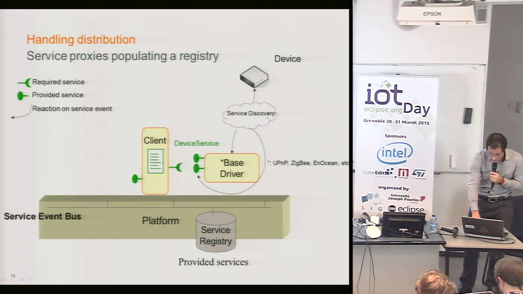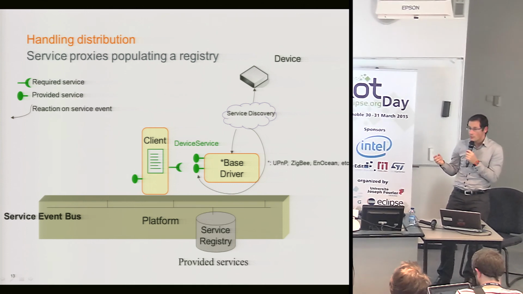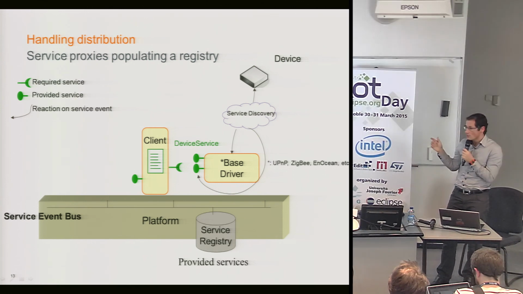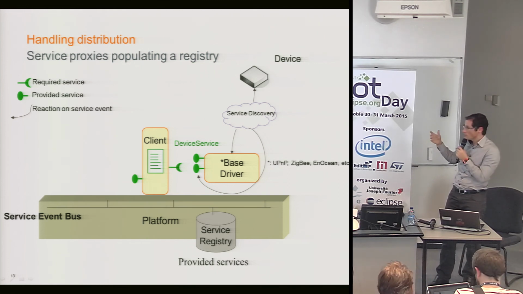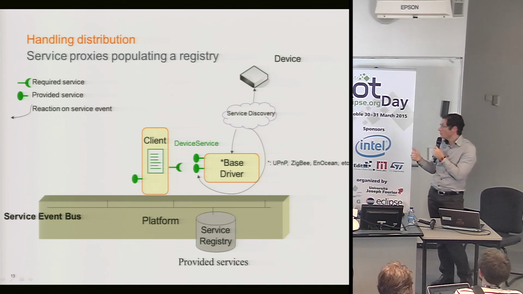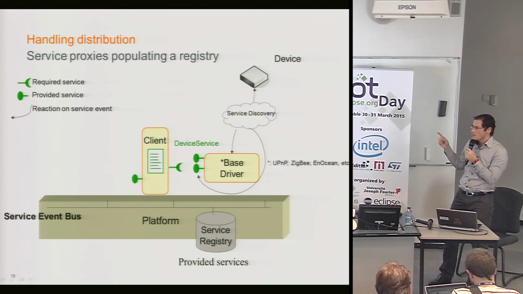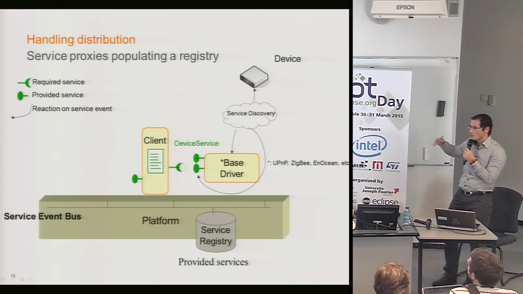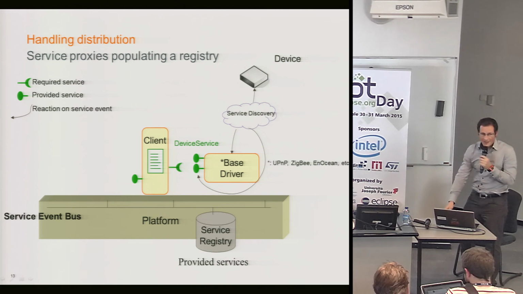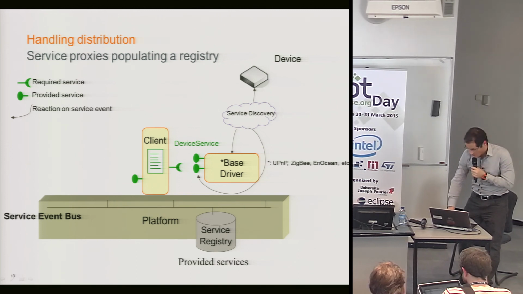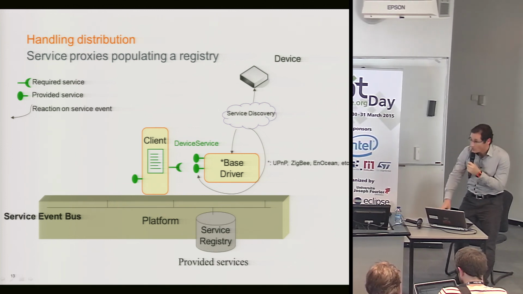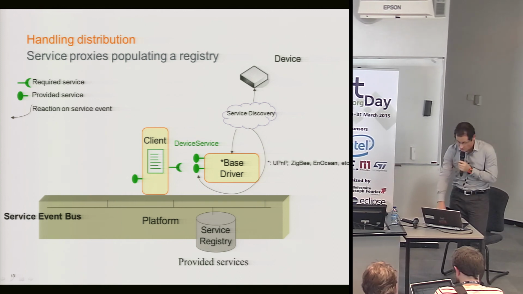So that's very simple, and that was made already available as a standard for UPnP in 2005, and now we have brought little improvements on the methodology, and we have standardized the one for ZigBee at the OSGi Alliance, and the one for EnOcean also at the OSGi Alliance. NTT has made the one for USB, and we can have a lot of efforts at this level to standardize all the base drivers that are needed today in the smart home.